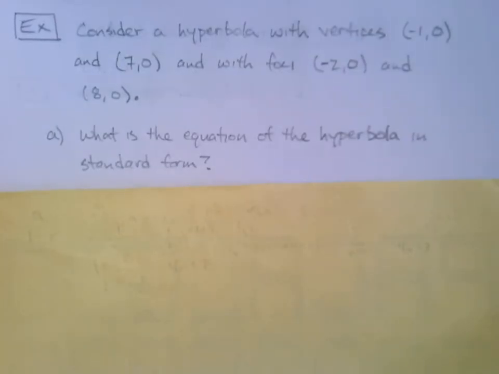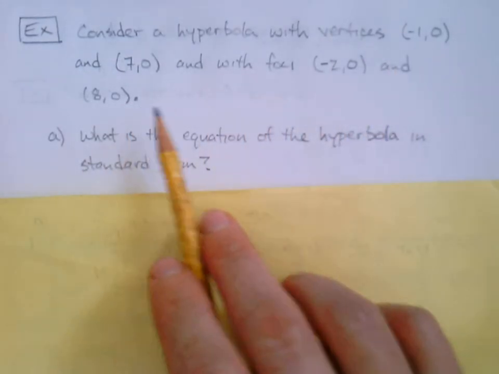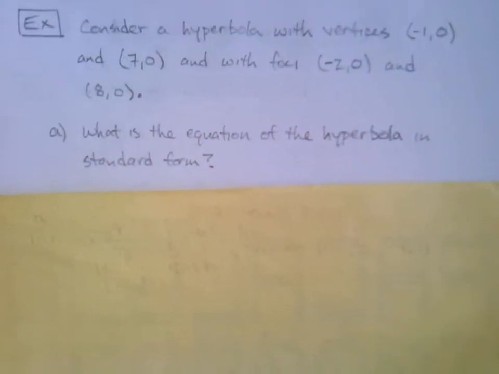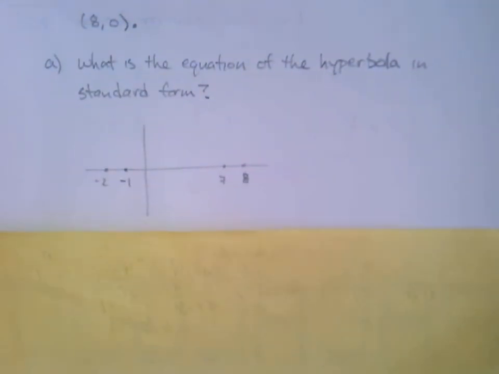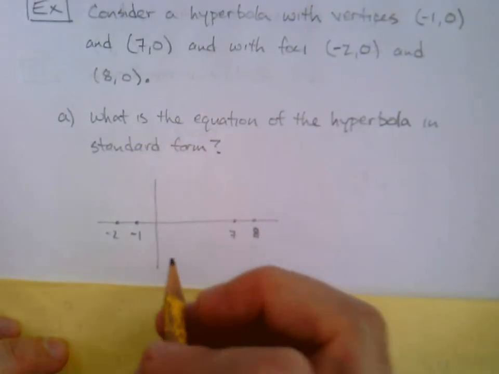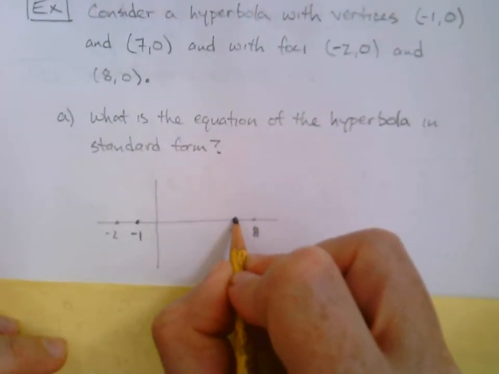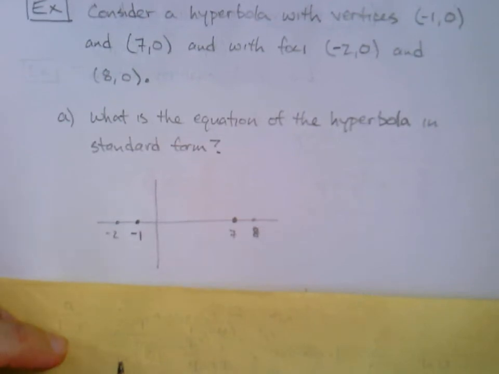Well, I think a great idea is to give yourself just a rough sketch of the graph. So let's graph all 4 of these points, knowing our vertices and which are the foci. I did that here. So we've got (-1, 0), that's the first vertex, and (7, 0), the other vertex.